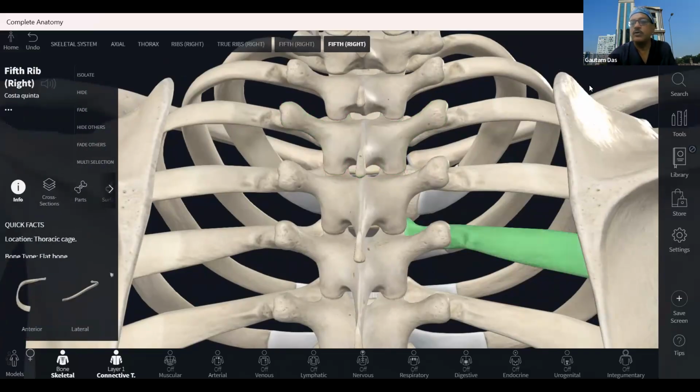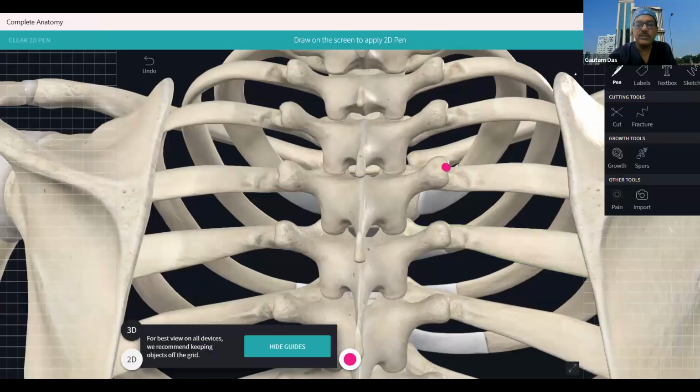Let me draw so that you will be able to understand it better. So the lateral costotransverse ligament is here, and the superior costotransverse ligament is from this rib till this one. This is your lateral costotransverse ligament. Let me clear the drawing.